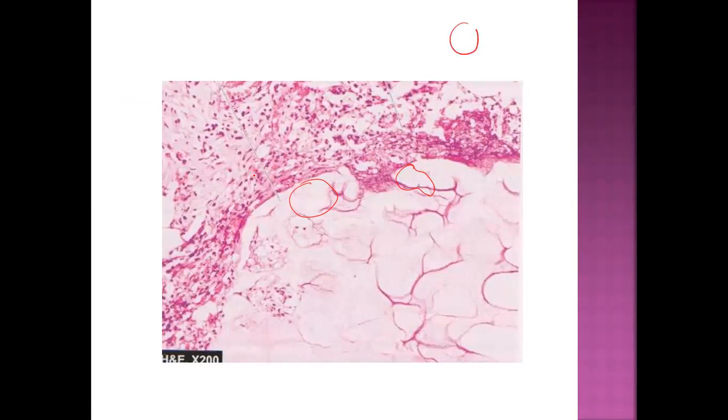Normally, fat cells may have this type of appearance. On one side there will be fat, and on one side there will be an eccentrically placed nucleus. And this is a normal fat cell.